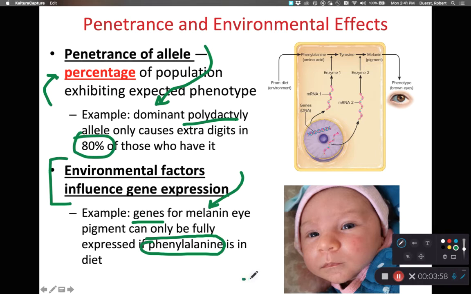So here's a picture of my youngest child, Annabelle. This is a day or 2 after she was born, and she had these nice deep dark baby blues, and she no longer has dark blue eyes anymore. But after being alive for about 2 years now, she's gotten enough phenylalanine from her environment to produce enough pigment that her eyes have now changed color.